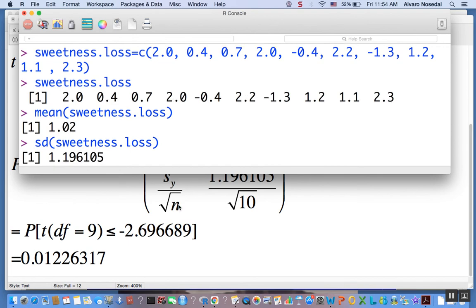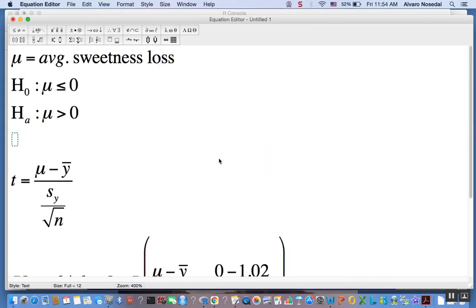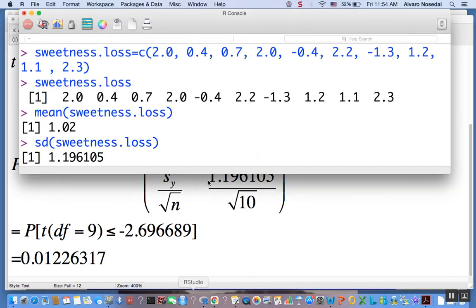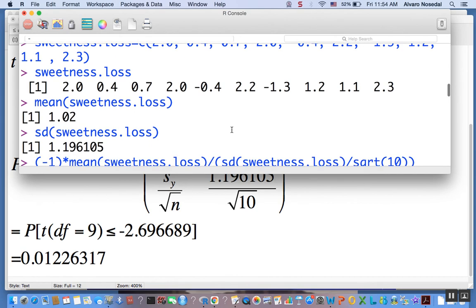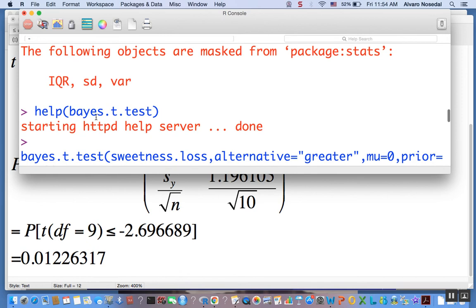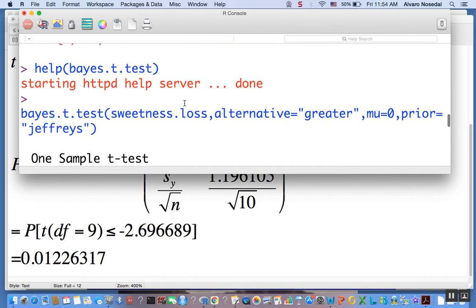To do so, we did it by hand first to understand what the output means for this function from the R package. The function that we used is base.t.test to carry out that Bayesian t-test, if you will.